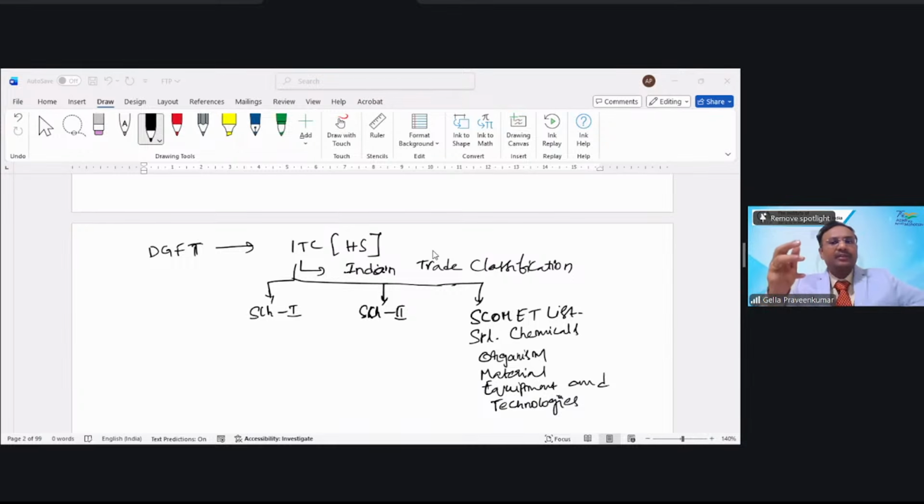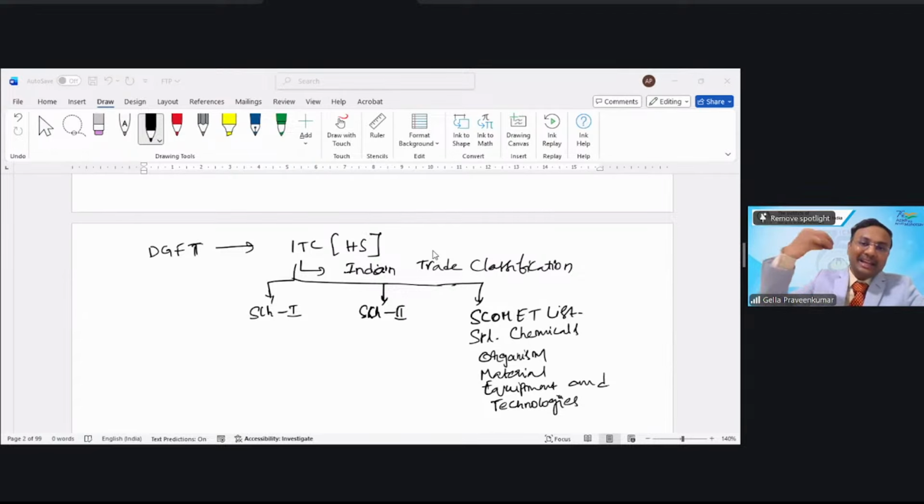Most of this engineering software is from nations like Iraq and Iran. When we talk about this technology, what else comes along with the technology, God only can imagine. So here you have a certain list where chemicals, organisms, materials, equipment, and technology are all regulated or blocked under this particular ITC-HS.